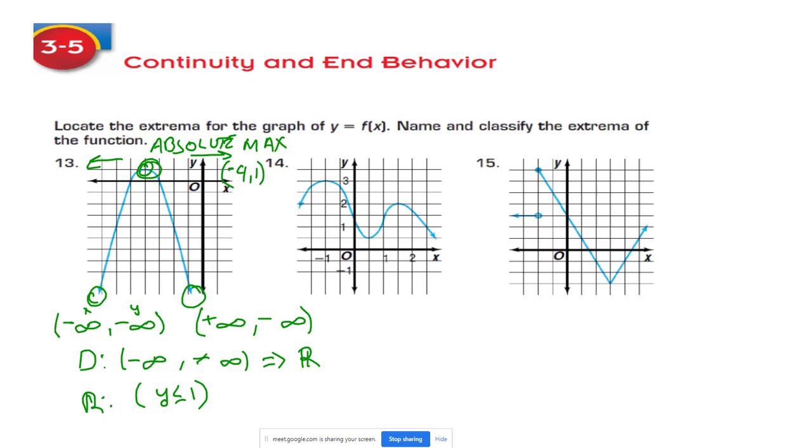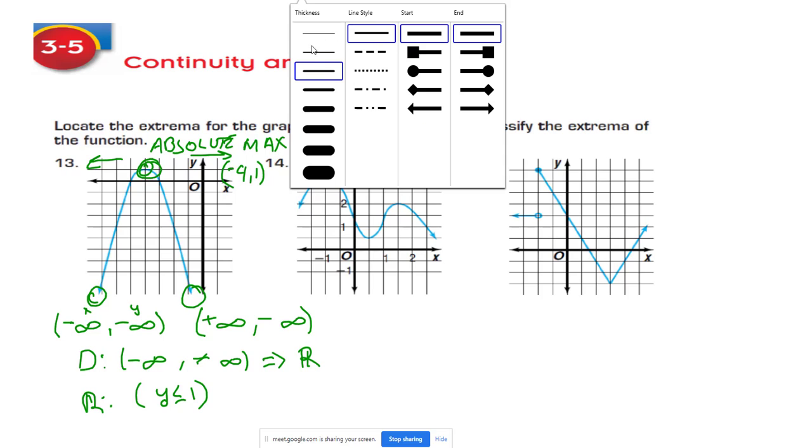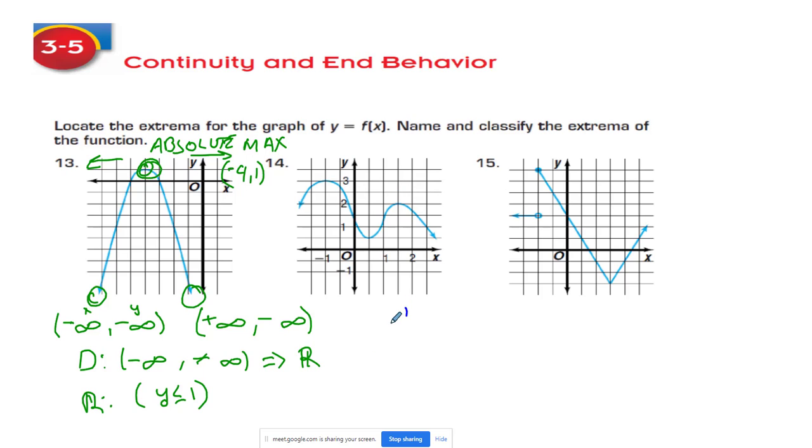Let me switch colors here, and we'll look at the second one over. So here we have what looks like an absolute max. This is a relative min, and here's a relative max. This is absolute because it's absolutely the highest point on the graph.